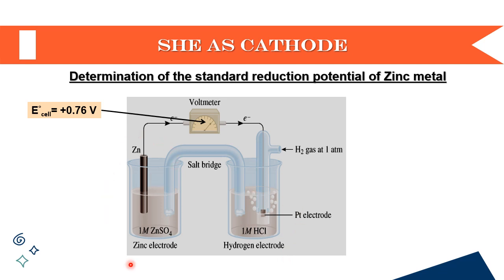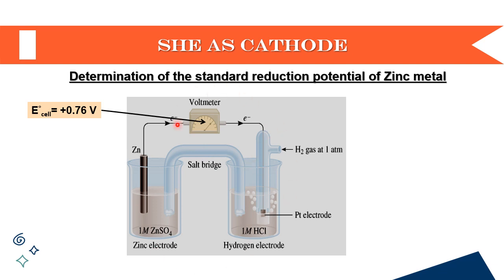We have our half cell over here, the zinc electrode immersed in zinc sulfate solution, 1 molar, so it must be at standard condition. And then we have our SHE over here, where we have a test tube with hydrogen gas inserted, and the electrode used is a platinum electrode, our inert electrode, immersed in a strong acid, 1 molar, which gives H+.